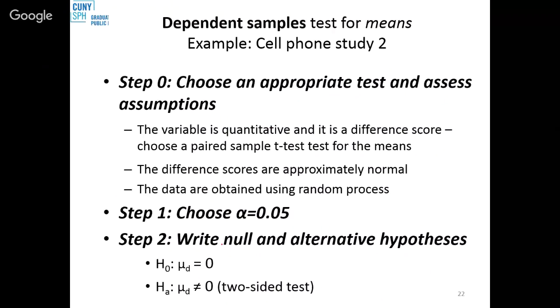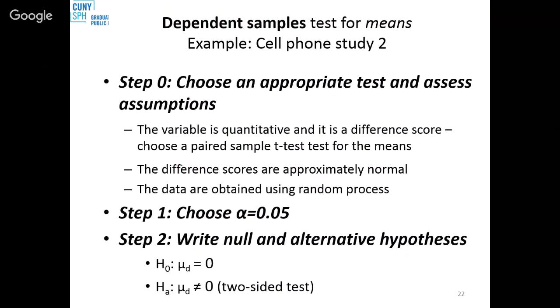But I just wanted to point out that this is part of the process, choosing your appropriate test. In this case, we have a quantitative variable, a continuous numeric variable, and it is a difference between when they're using the cell phone and when they're not. So we're using the paired sample t-test for the means.